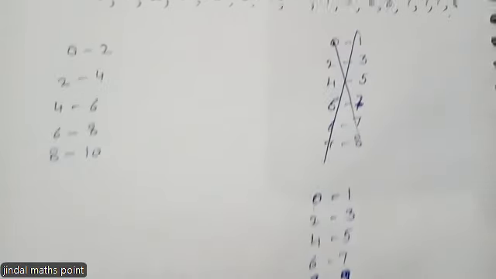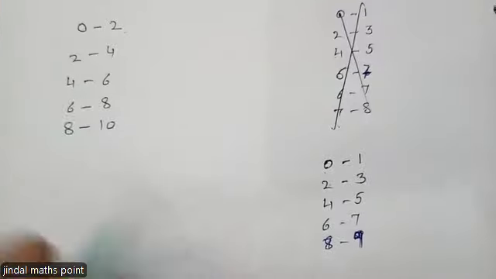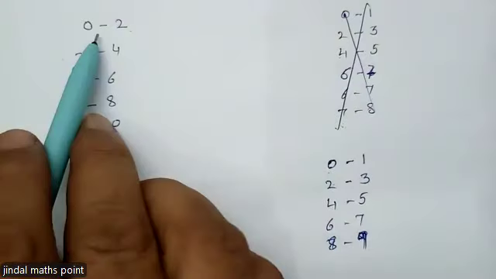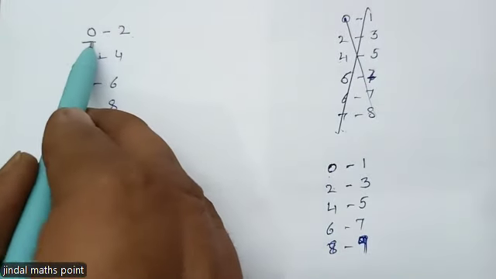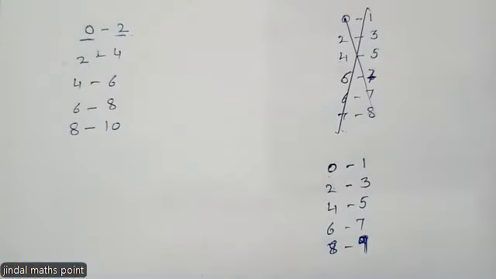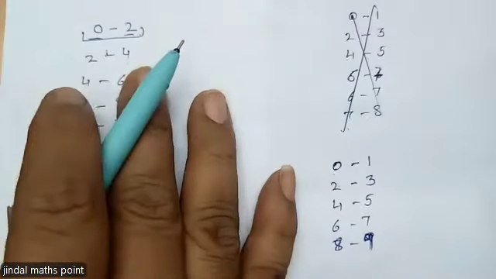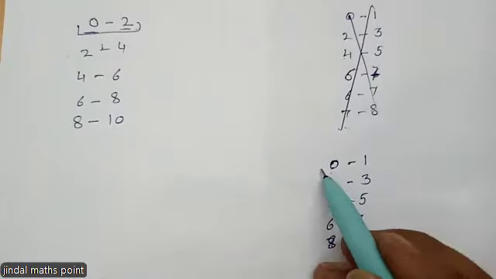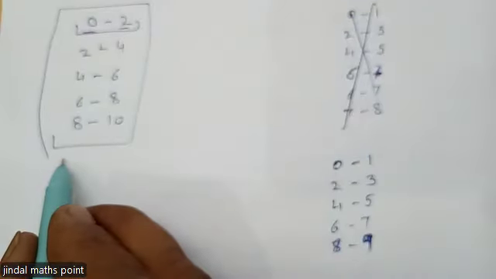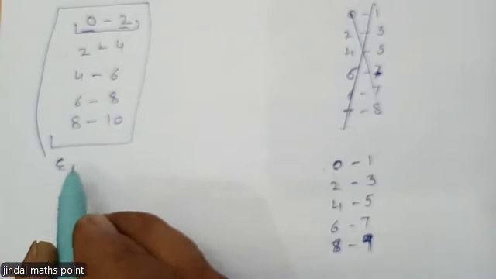Now, what is the difference between this and this? Here, 0 is included and 2 is not included in the first class interval. Is it okay, Evelyn? This data is called exclusive.